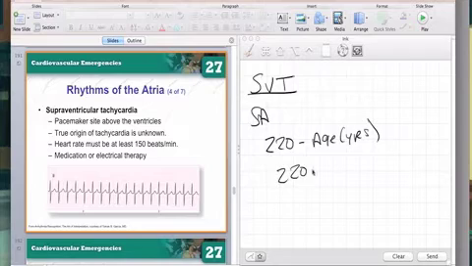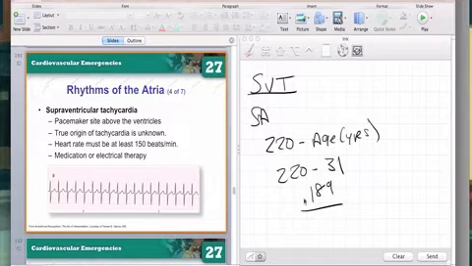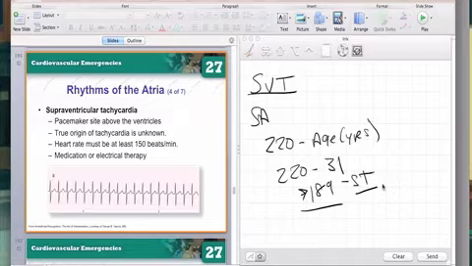So you do 220. I'm 31 years old. So 220 minus 31 would be what? 189. So technically, I can have a sinus tachycardia at 189. My SA node can fire at 189 beats a minute if I use that equation.